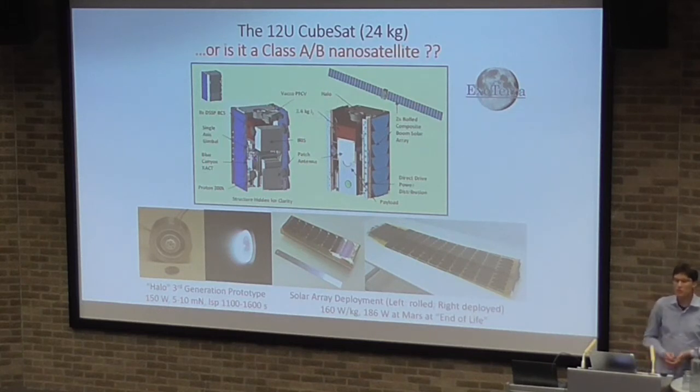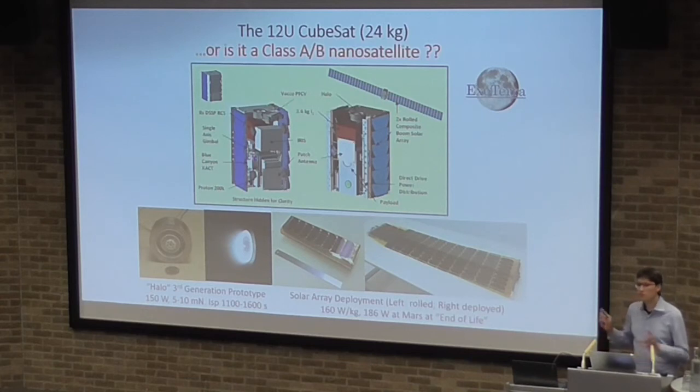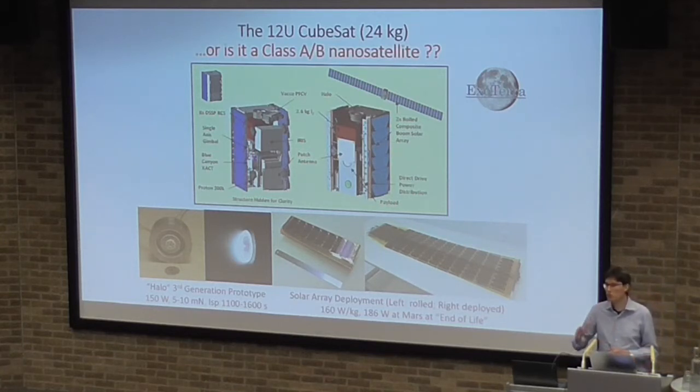That's enough for the type of science we want to do. We're thinking about providing 50 volts for science operations during daytime and 18 watts during eclipse time. Because the advantage of this is that we're looking through the day and through the night, and that will allow us to follow the evolution of this meteorological phenomenon throughout the local times.